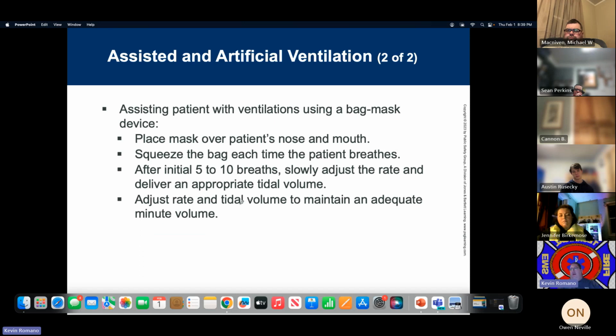So for a BVM, we're going to place it over the mouth and nose. After 5 to 10 breaths, slowly adjust the rate and deliver the appropriate tidal volume. So how do we know what tidal volume we need to give them? Is there a way to measure it?